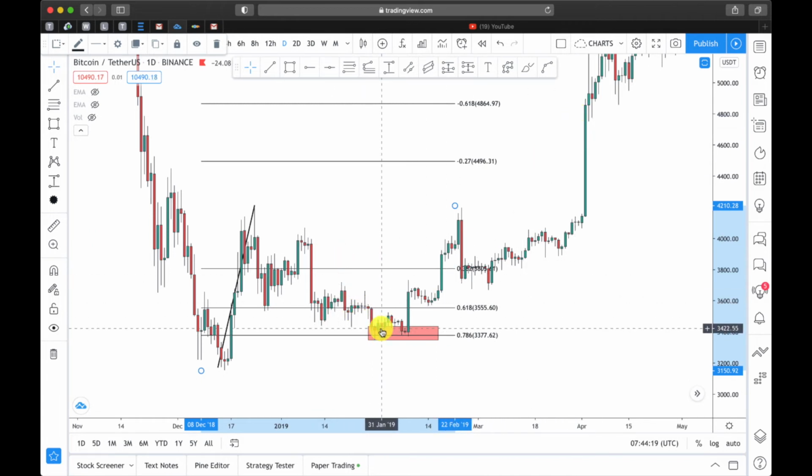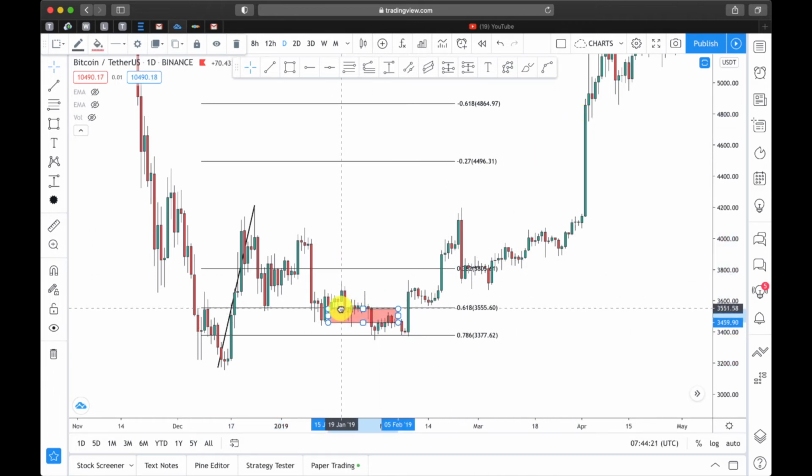So I told you that your entry price should always be between 618 and 786. Remember, I said do not enter at once at 618 because traders like this 786 retracement level a lot. So let's say you enter 50% around 618, you enter another 25% here, and then you enter another 25% at 786.